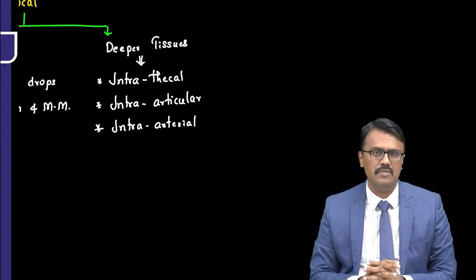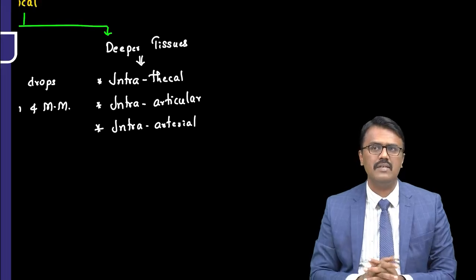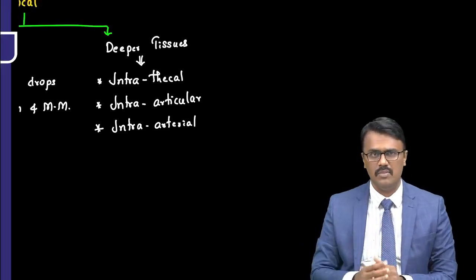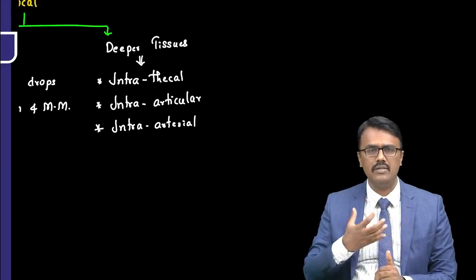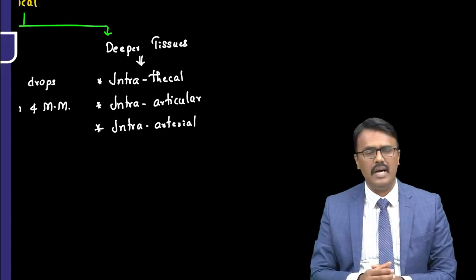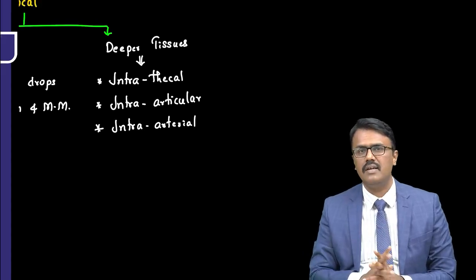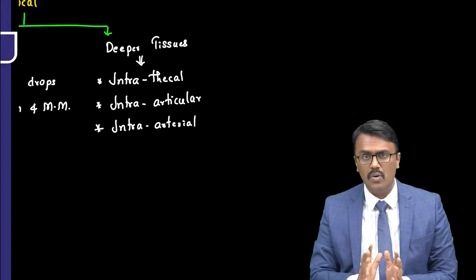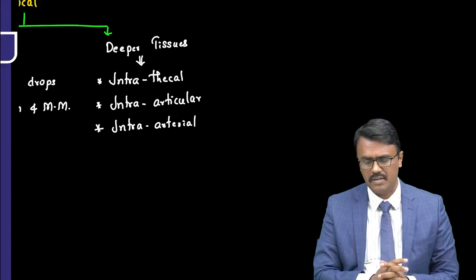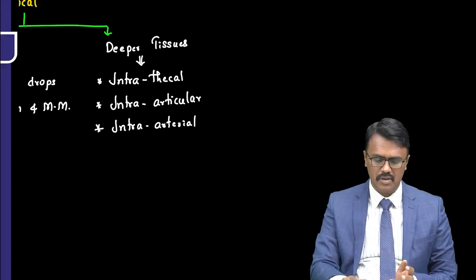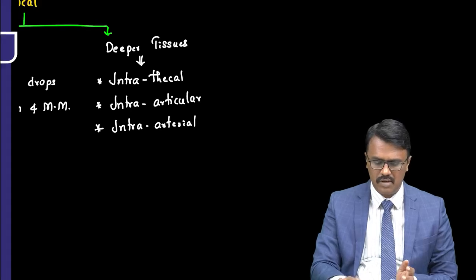If I want to use it, we use it as a local route to deliver certain anti-cancer drugs locally to the tumor, or you want to do an angiography of the coronaries, locally we give it. Otherwise, the intra-arterial route is a local route, and it mainly acts locally, right? So these are the important aspects you need to understand about routes of drug administration.